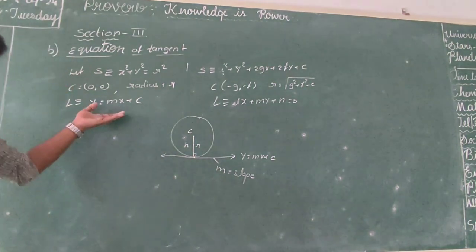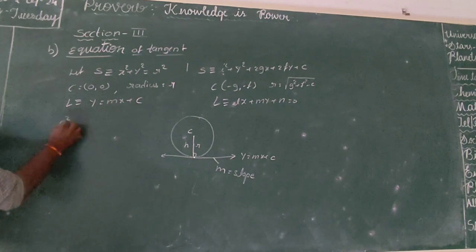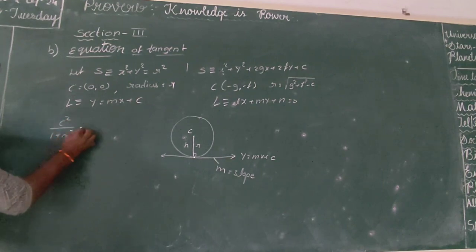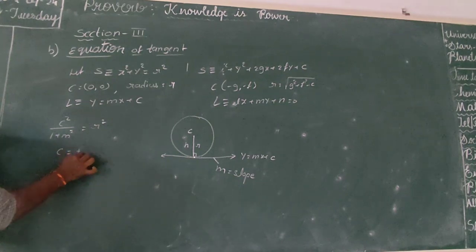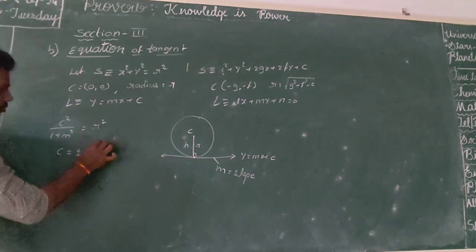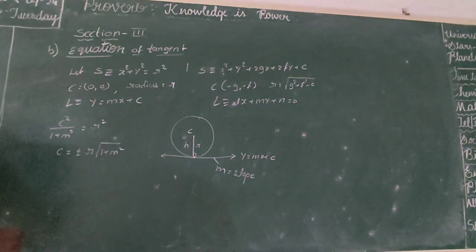From this condition, as we know from the previous case, c square by 1 plus m square is equal to r square. That's why c is equal to plus or minus r into root over 1 plus m square. So this is the c value.